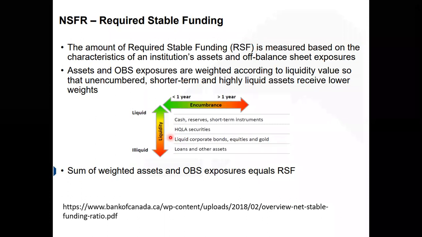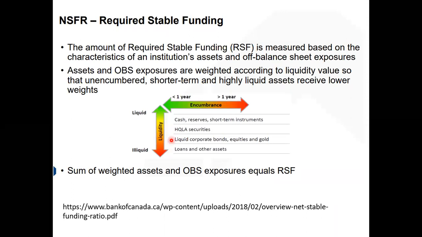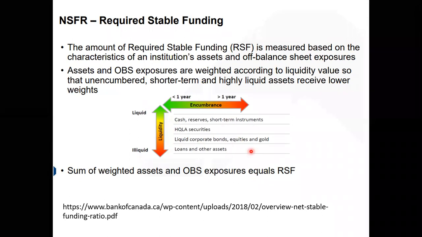The finance institutions may purchase corporate bonds for the purpose of earning some sort of coupon rate, interest income. Equities, right? Stock investment in other equities, and gold. They may purchase some gold, and illiquid assets, loans and other assets.